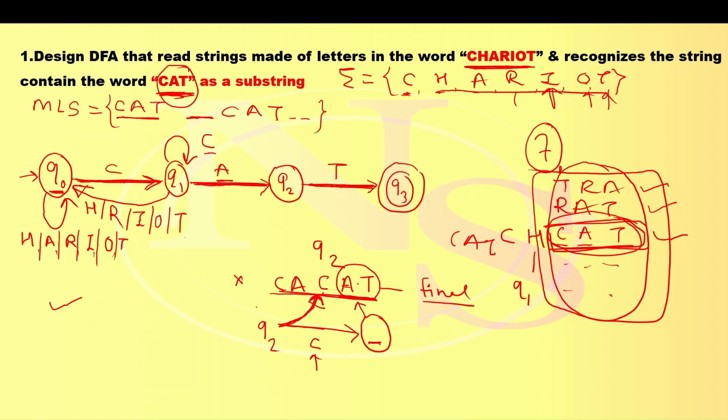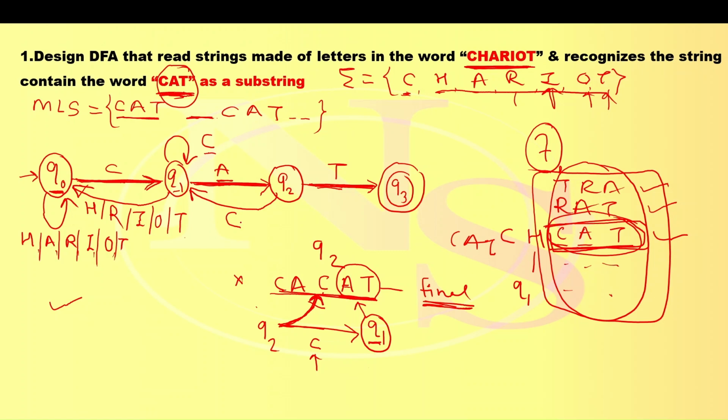Now we need to find the state which reading the symbols AT goes to final. Q0 reading AT? No. Q1 reading AT? Yes. Q1 reading A and T goes to final. That's what we are looking for. So this other state will be Q1. So the transition from Q2 will go to Q1 for symbol C.